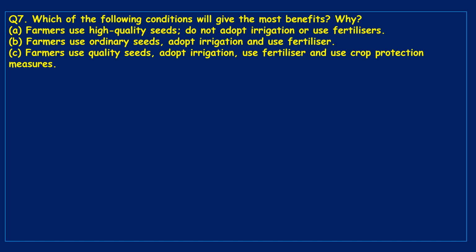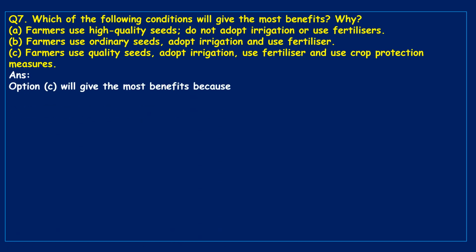Among these three, we can see farmers use quality seeds that improve crop production, adopt irrigation, so different techniques we have to use for water supply, and we have to use fertilizer and crop protection measures. So C is the correct option.